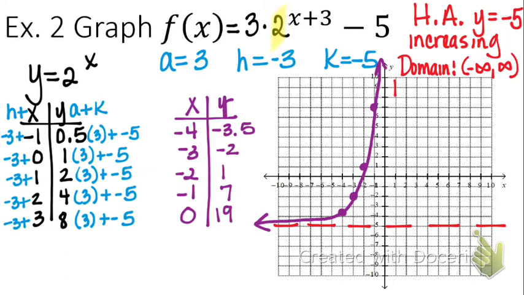And your range is k to infinity, which would be negative 5 to infinity. Who had that for their example? Good. All right, we got a couple more and then we're done with everything that's on the quiz.